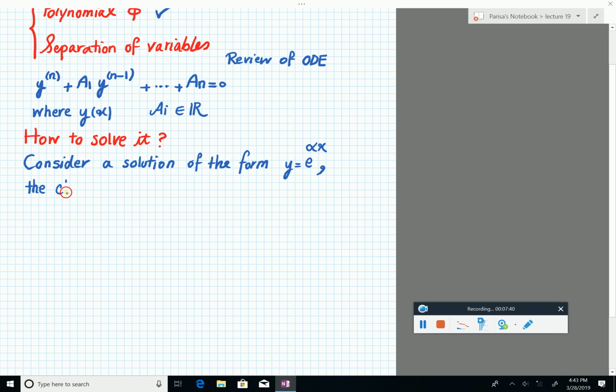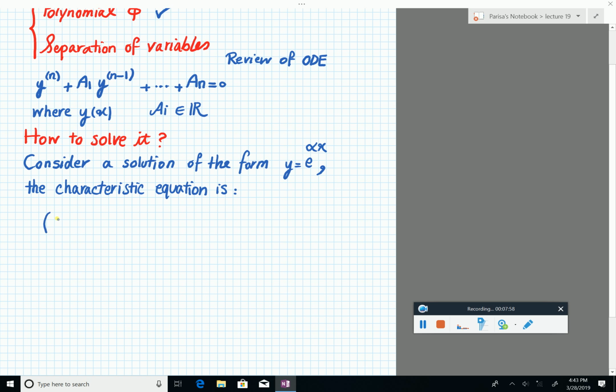The so-called characteristic equation is going to be something like that.